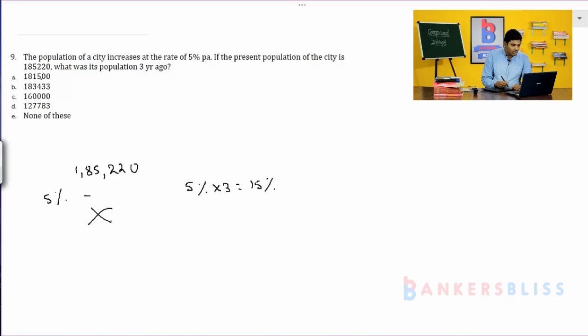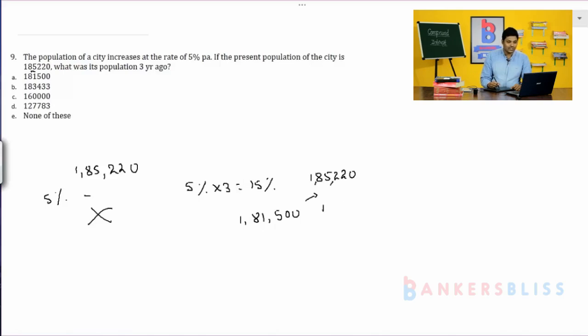Consider option number 1, which is 1,81,500. How much amount should you get? You should get 1,85,220. So what is the difference between these two?